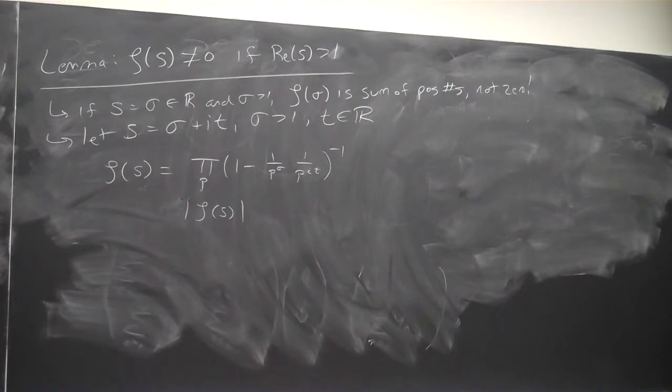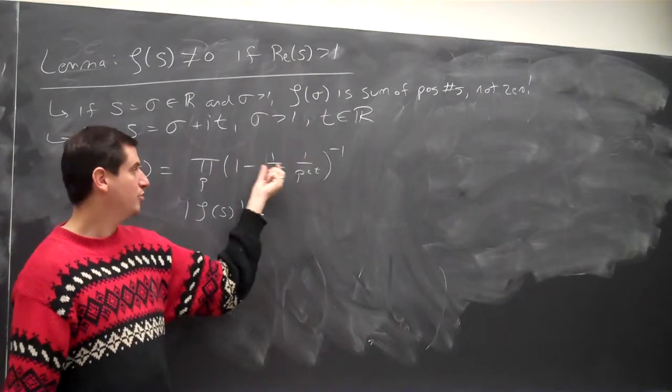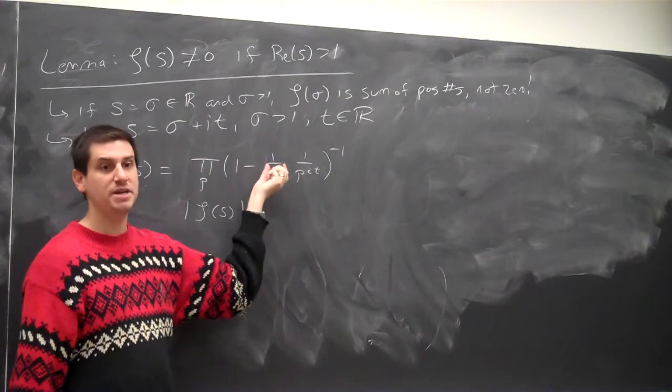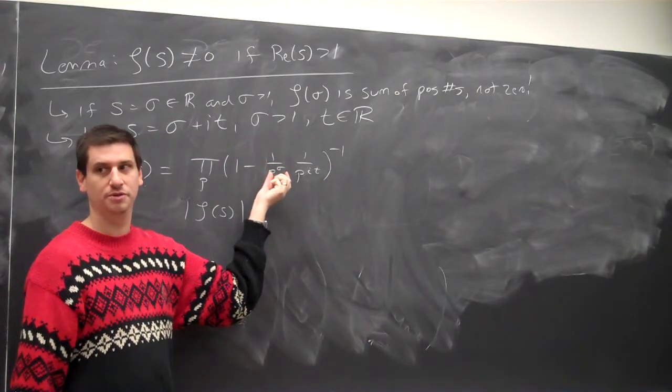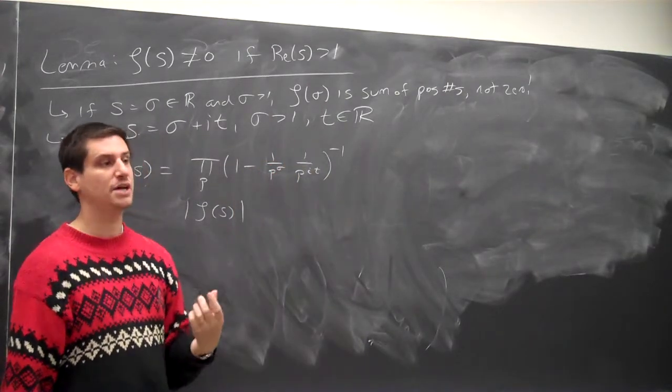What value do I want 1 over p to the it to be? I think you want negative 1 later. So instead of negative 1, what do you want? Just positive 1. If this is positive 1, I'm subtracting as much as I can from 1. I'm making the denominator as small as possible. And then its reciprocal will be as large as possible.